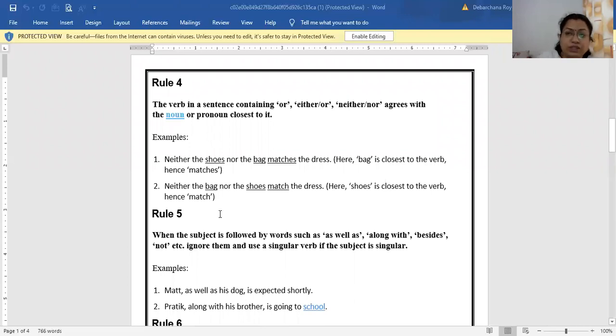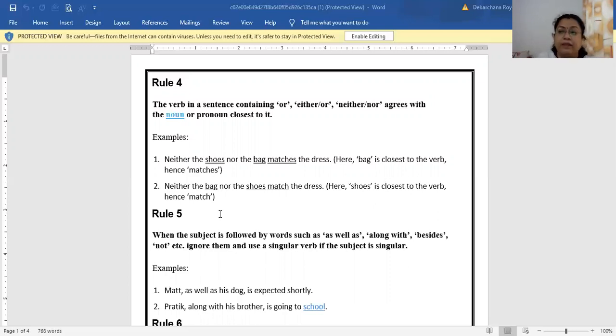Let's start with the new rules, which are in front of us. The verb in a sentence containing or, either or, neither nor, agrees with the noun or pronoun closest to it. ऐसा sentence जिसमें or, either, or, neither, nor हैं, they are going to agree with the noun or the pronoun closest to it.